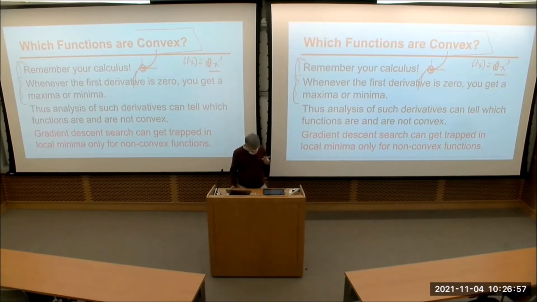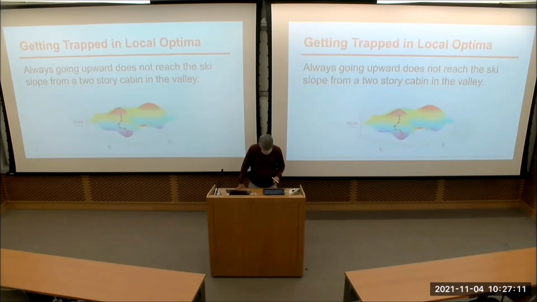If you know your function is convex, then you can know that when you do a gradient descent search, you will find the optimum. If your function is not convex, what happens when you do a gradient descent search? Here we have a function that is not convex at all.